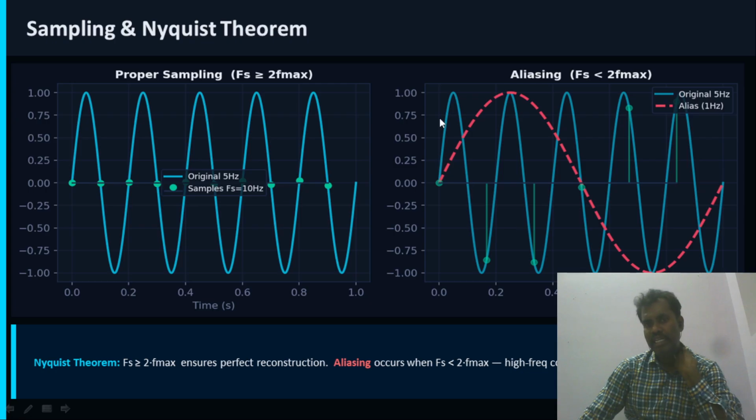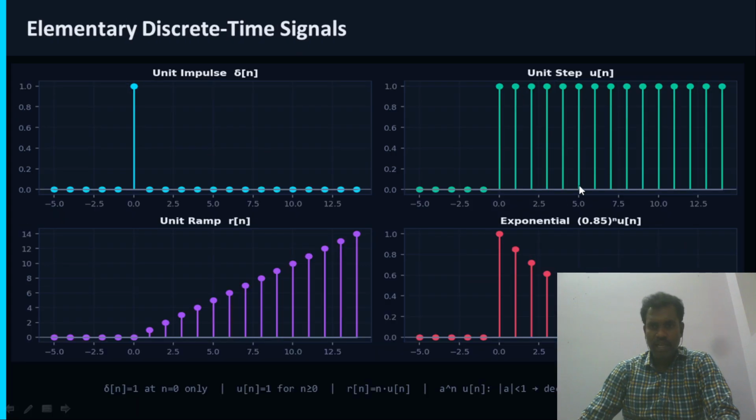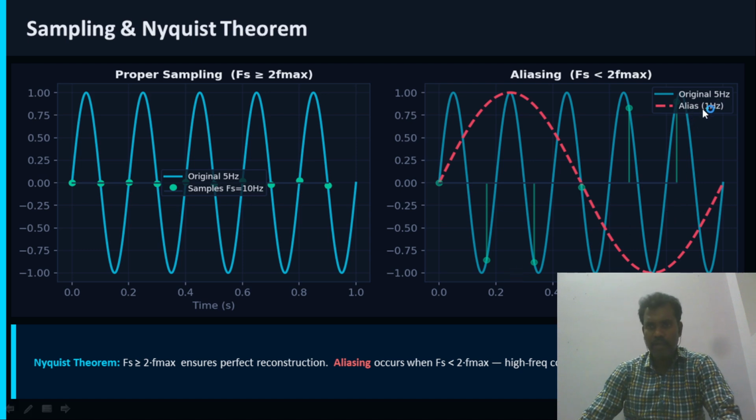So aliasing occurs if the sampling frequency is 1 Hz.